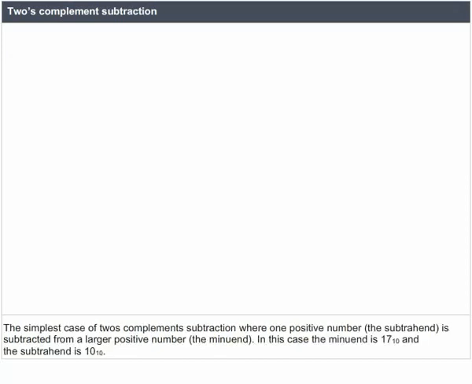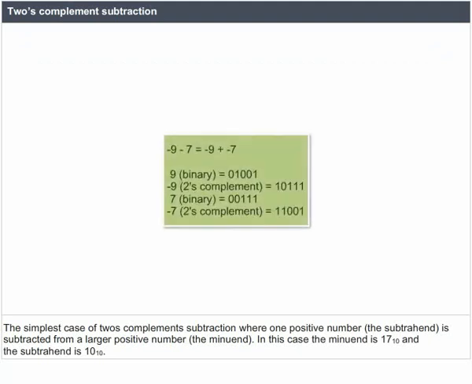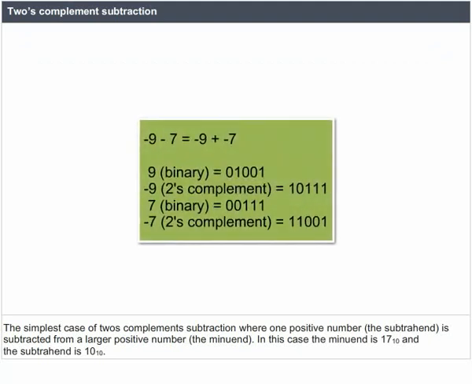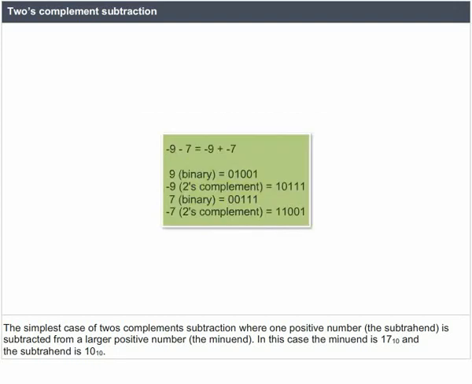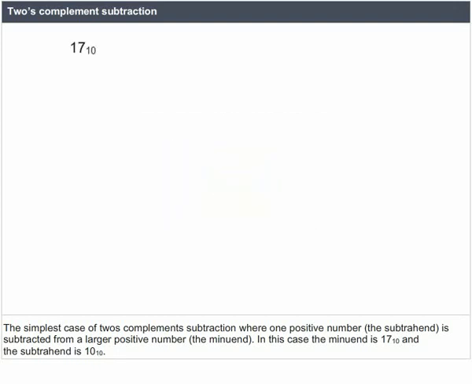2's complement subtraction. The simplest case of 2's complement subtraction is where one positive number, the subtrahend, is subtracted from a larger positive number, the minuend. In this case, the minuend is 17 to the base 10 and the subtrahend is 10 to the base 10.